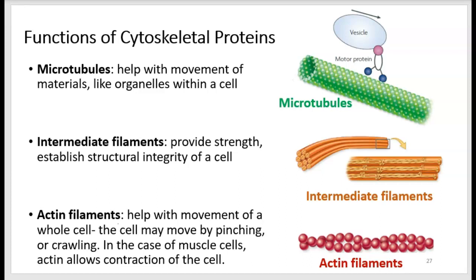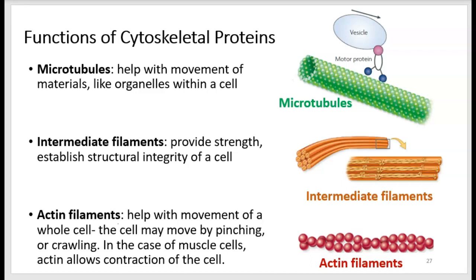And walking along it are some other motor proteins carrying a vesicle, like a transport vesicle or a secretory vesicle. So microtubules help with movement of materials inside of a cell. Intermediate filaments are just about strength, support, shape. But actin filaments are also involved with some kind of movement.